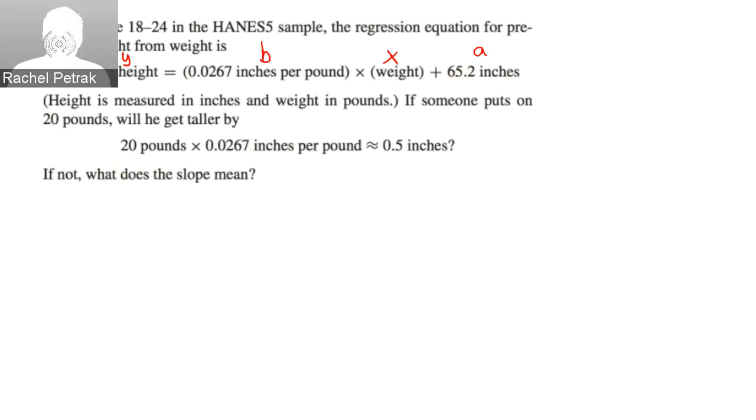Height is measured in inches and weight is in pounds, okay? And if someone puts on 20 pounds, will he get taller by 20 pounds times the slope?